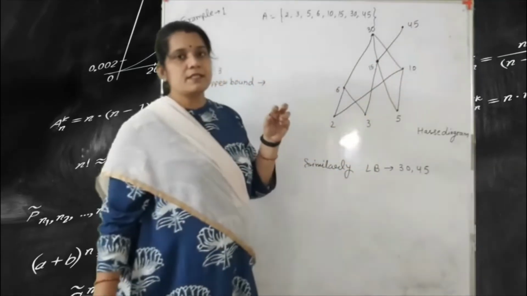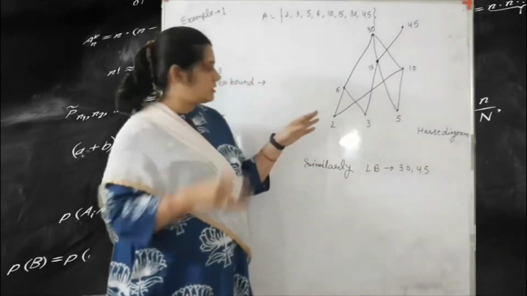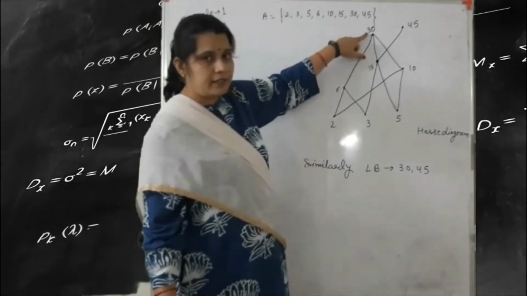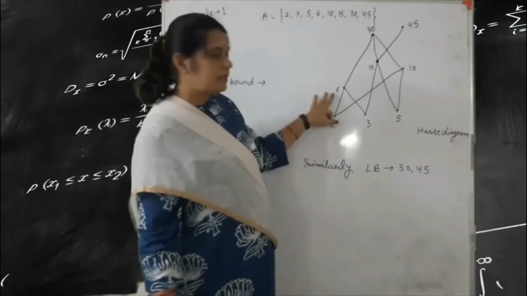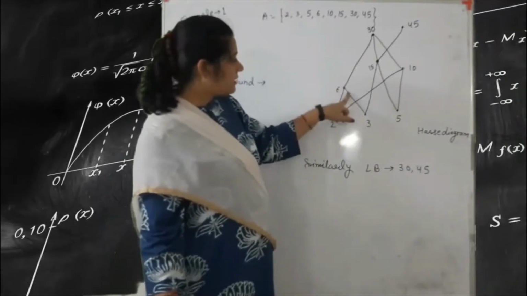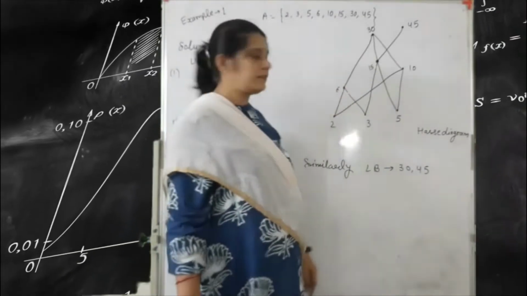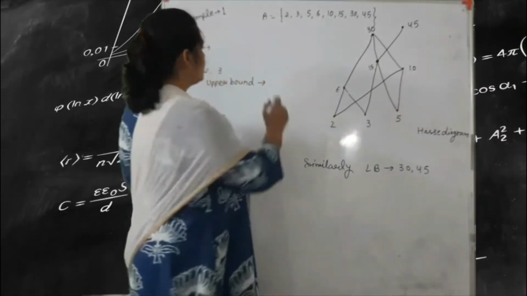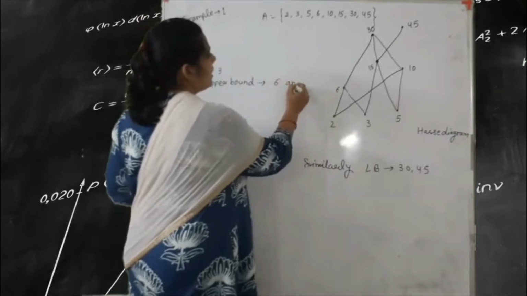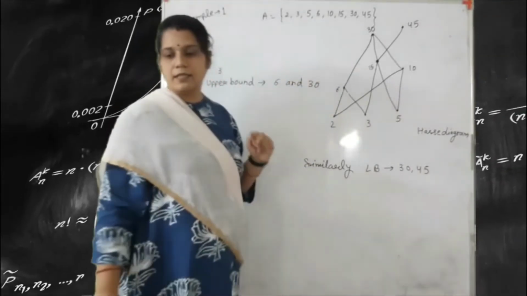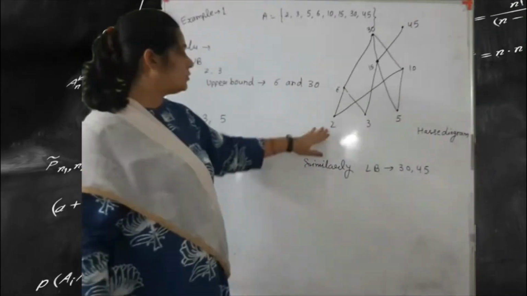So we always consider the common values, that means 2 related to 6 related to 30, and 3 related to 6 related to 30. So here the upper bound of 2 and 3 is 6 and 30.